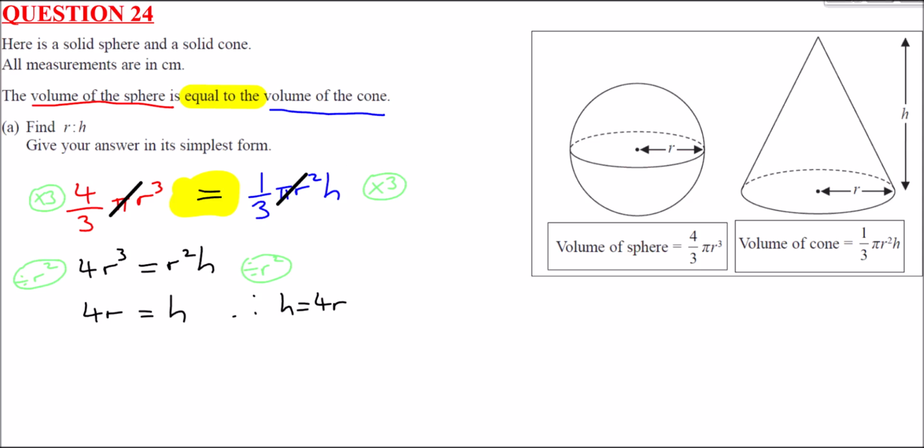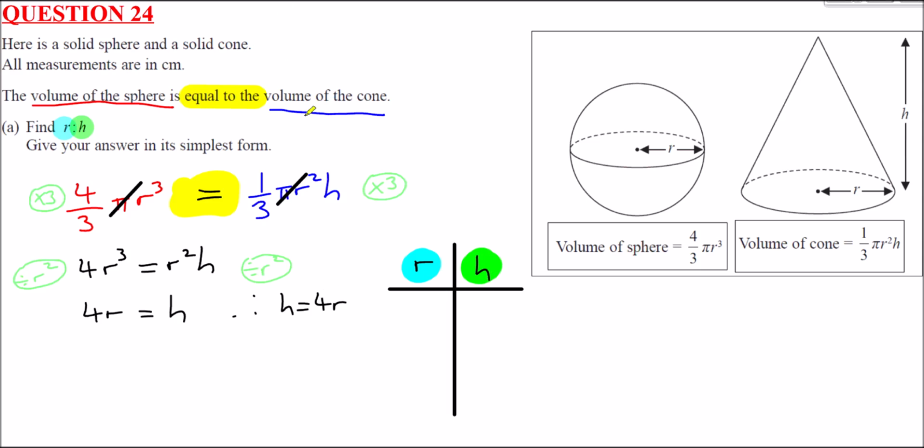But what I'm wanting is a ratio of r on one side and h on the other. So just to do this here clearly, because it's very easy to get these the wrong way round if you're rushing or under the pressure of exams, for example. So I want r first, h second. Well, we've just been told here through our working that h is 4r.